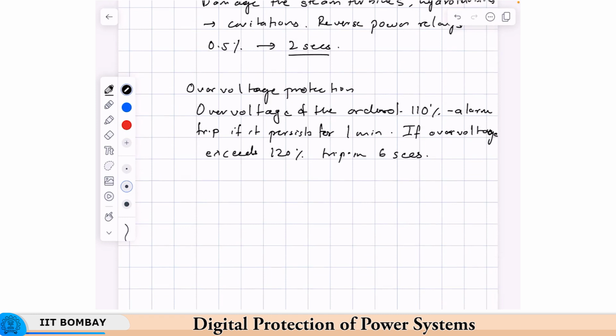Why could this happen? The consequences we will see shortly. There could be various reasons. Consider the voltage at the generator terminal: if this is a generator and this is its synchronous reactance, this is the terminal voltage Vt, and this is the open circuit voltage. The terminal voltage is controlled by an automatic voltage regulator.